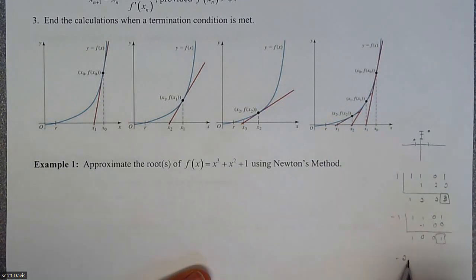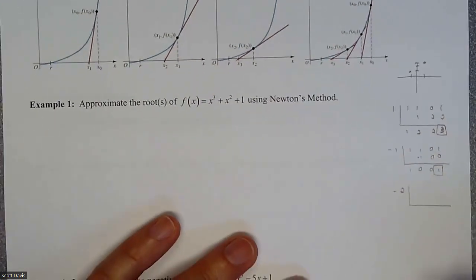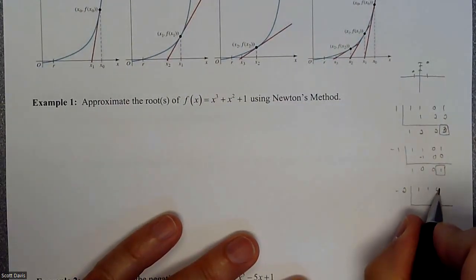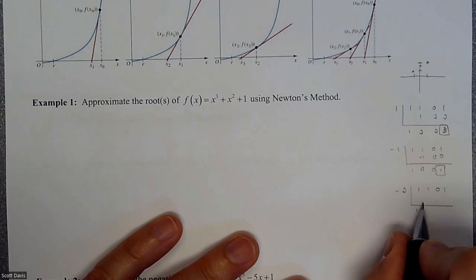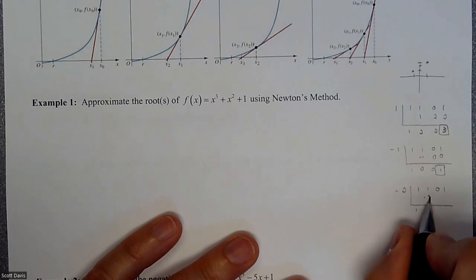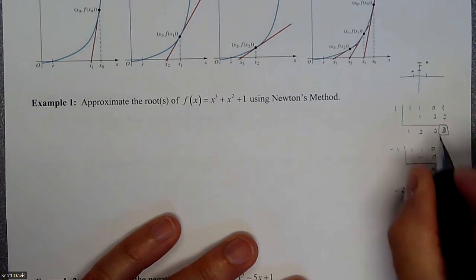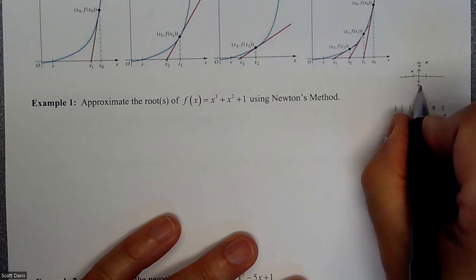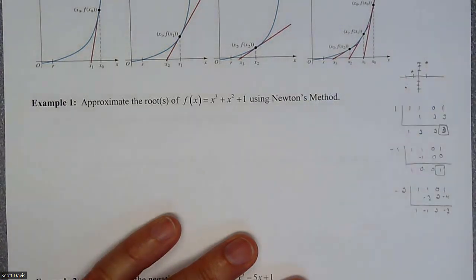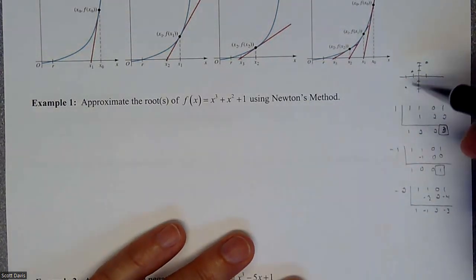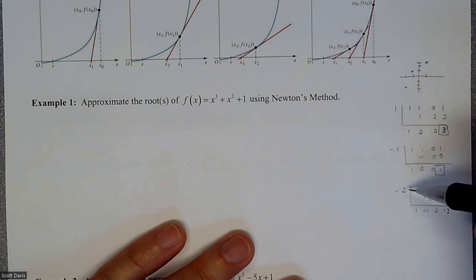If I do a -2, I go through this again. I'm looking at a 1, 1, 0, 1. If I do synthetic division, I get -2, -1, 2, 2, -4, -3, which means I had to have crossed the x-axis somewhere between -1 and -2.